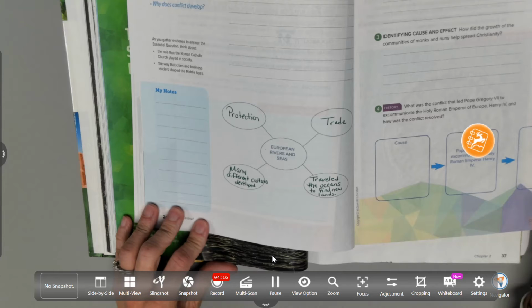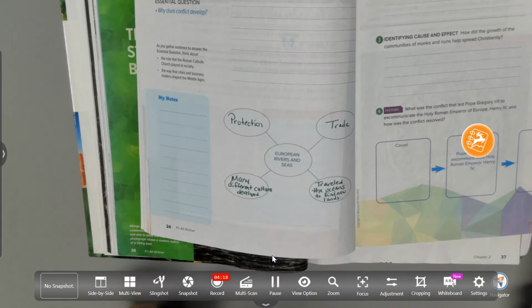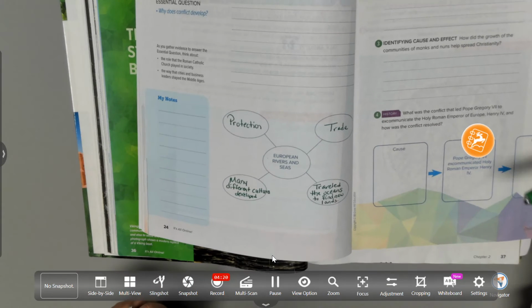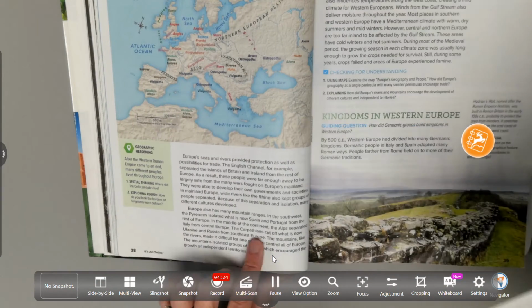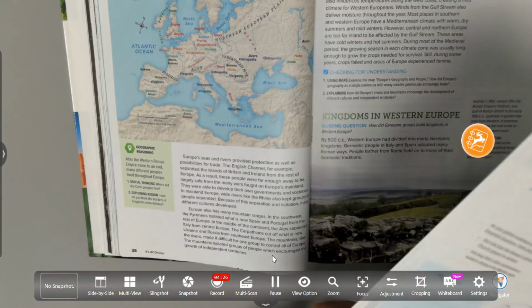Okay, protection, trade, many different cultures developed, travel the oceans to find new lands. I started to talk about the mountains just a second ago, but I'll go back and talk about that when we go over your guided reading questions.